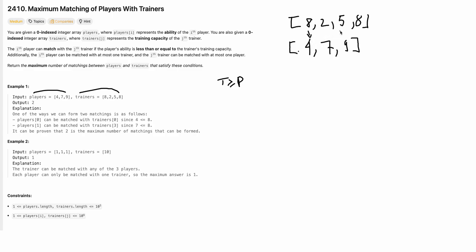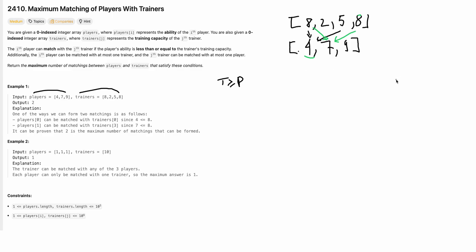This player has two choices, so I will change the color in here to better illustrate. Okay, here we have the better illustration. This one can be matched with this 8 or this trainer, right? So at max we can have two pairs of the players and the trainers.